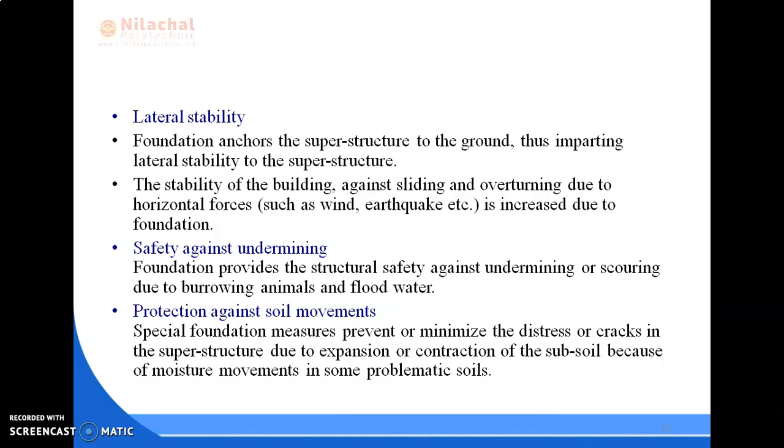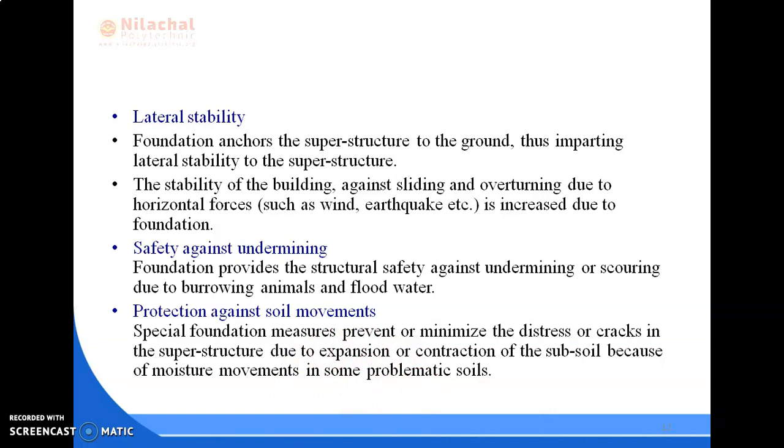Next is the protection against soil movements. Special foundation measures prevent or minimize distress or cracks in the superstructure due to expansion or contraction of the subsoil because of moisture movements in some problematic soils or in some particular areas.